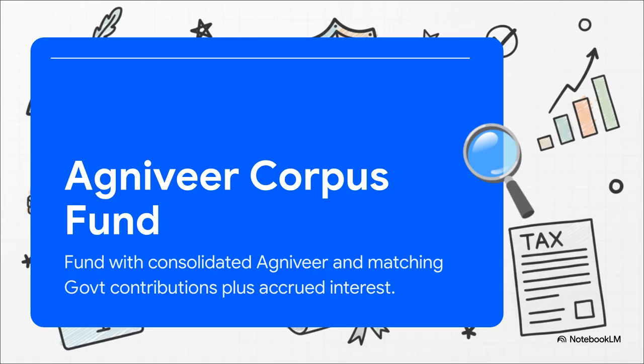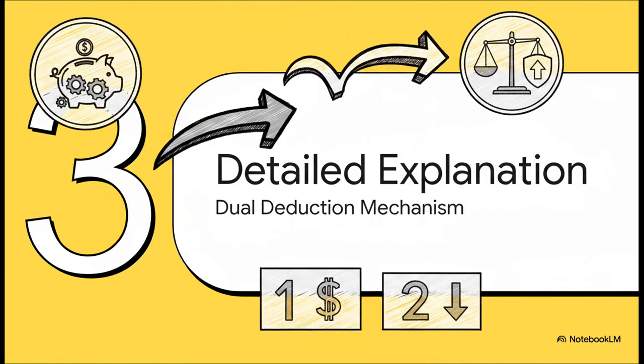But more importantly for us, it defines the Agniveer Corpus Fund. This fund holds the consolidated contributions of the Agniveer, the matching contributions of the government, and the interest accrued on both. This exact definition is critical because the tax benefits we're about to discuss are tied exclusively to this specific corpus fund.